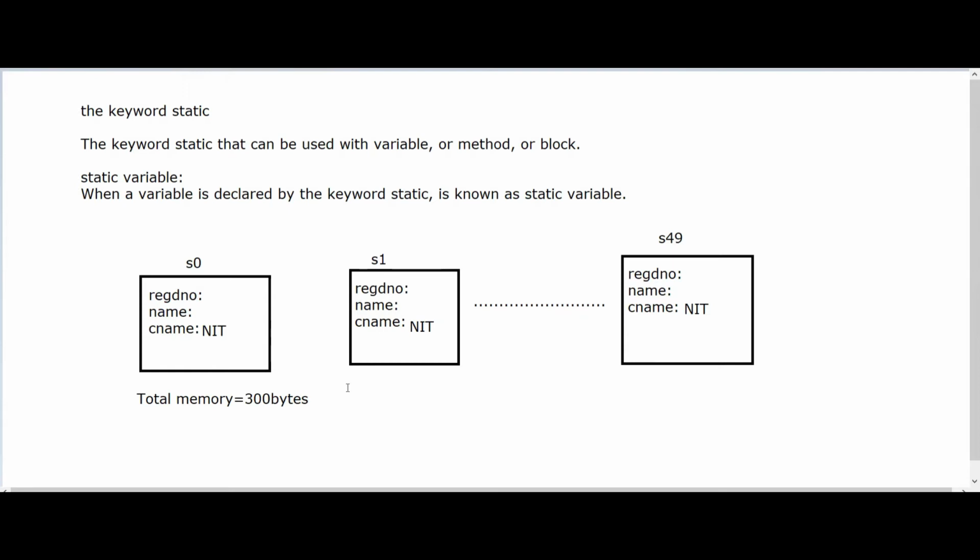If I declare the variable college name as static, then what will happen?